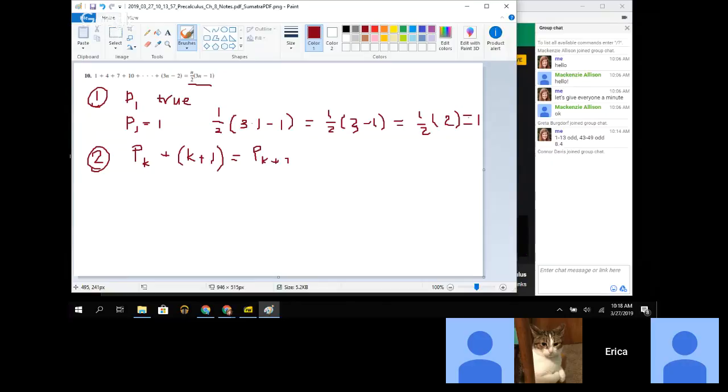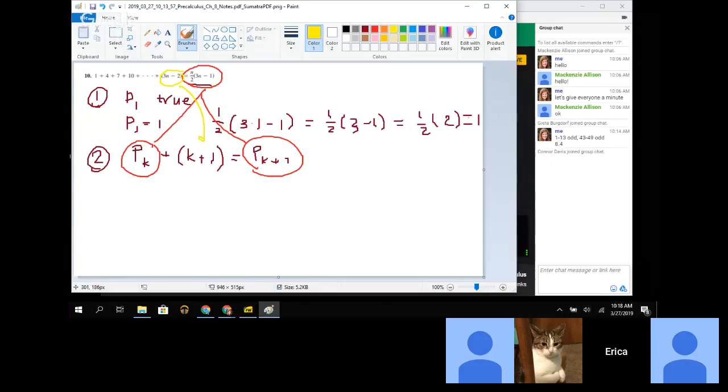Okay. So where we're going to get these numbers from: this set of terms added together is going to come from this, and this set of terms added together is also going to come from this. These come from the part of your equation that shows what everything is added up to. And then the next term comes from the part of your equation where you're adding the next term in.